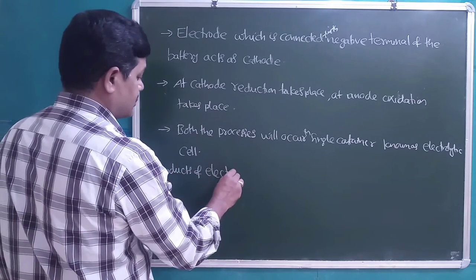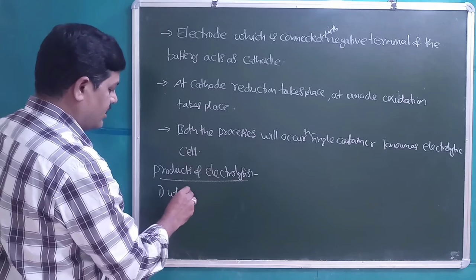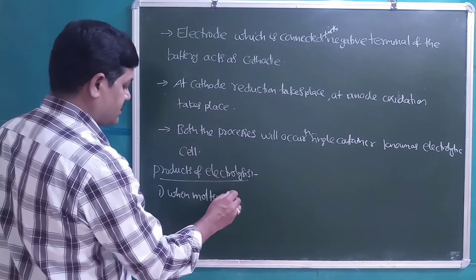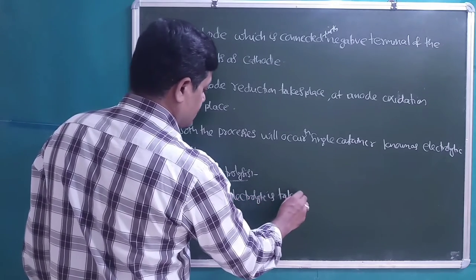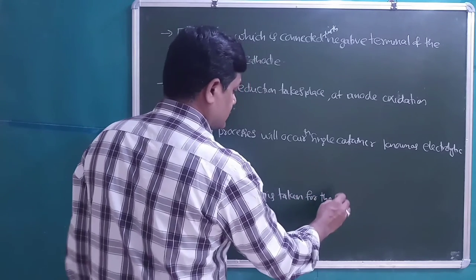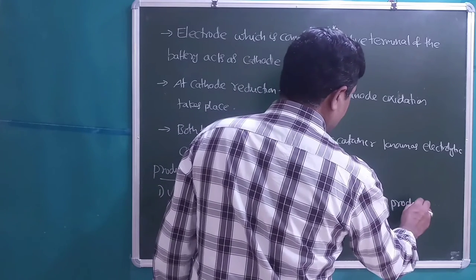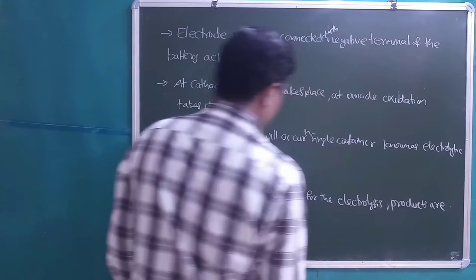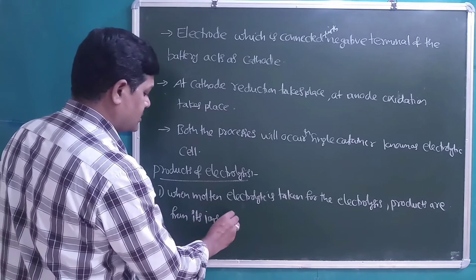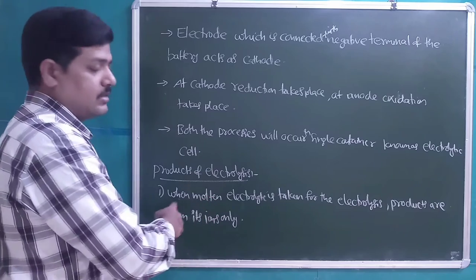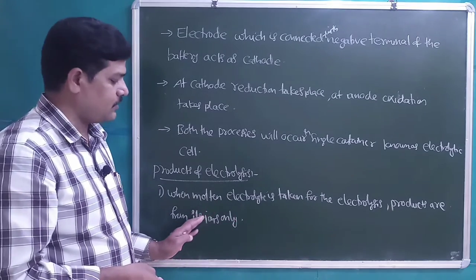When a molten electrolyte is taken for the electrolysis, the electrolyte which is present in the liquid state, the products are definitely from its ions only.